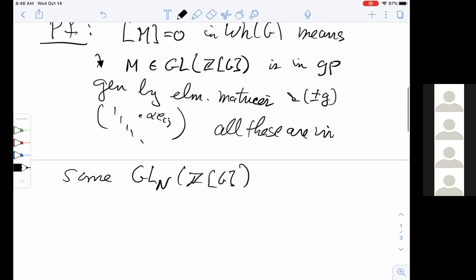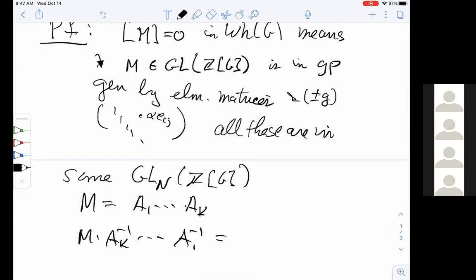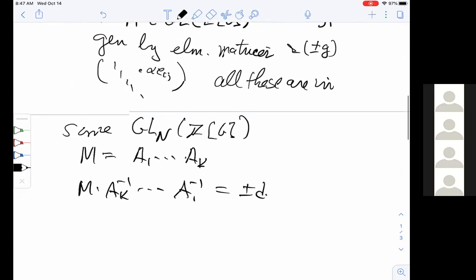I need to say, if M is a product of these matrices A1 to AK, which are elementary matrices or 1-by-1 matrices, then M times AK inverse through A1 inverse is the identity. And the inverse of any elementary matrix, or plus minus G, is another matrix of the same form.